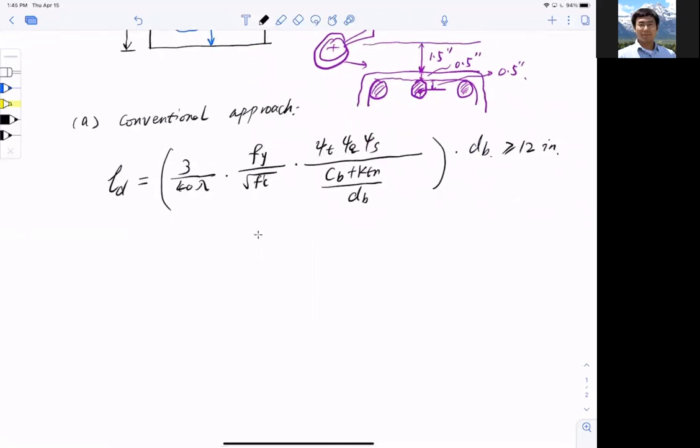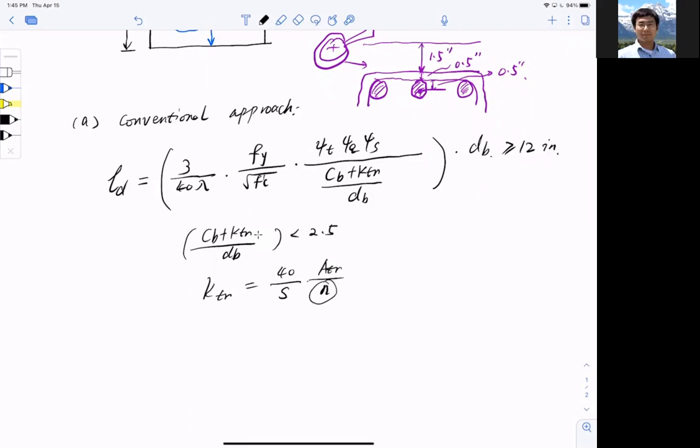Okay, so all this has to also satisfy the criteria that (cb plus Ktr) divided by db, that is the confining factor, has to be smaller than or equal to 2.5. It cannot exceed that. And Ktr equals 40 divided by s, multiplied by Atr, the transverse reinforcement area, multiplied by n.